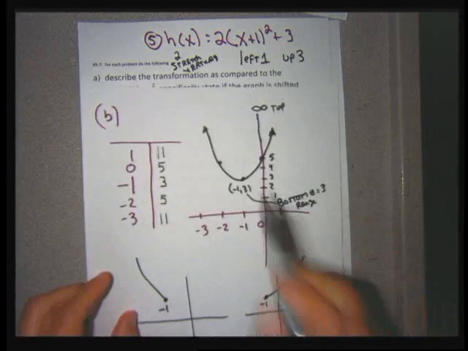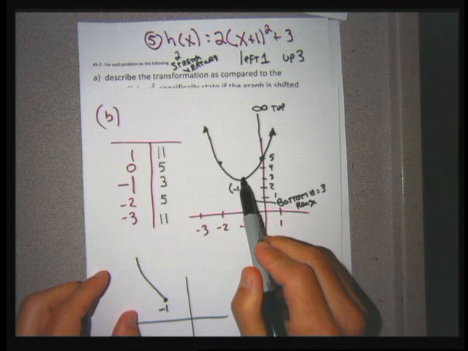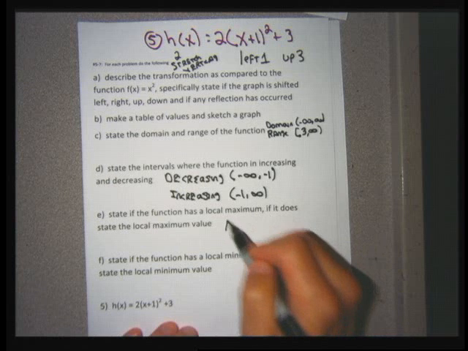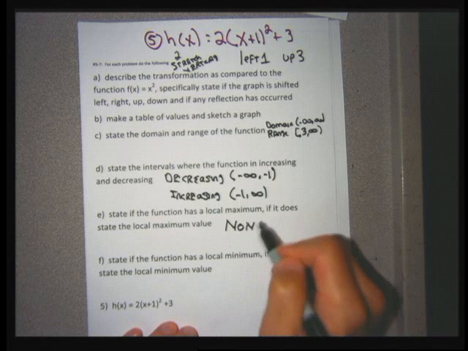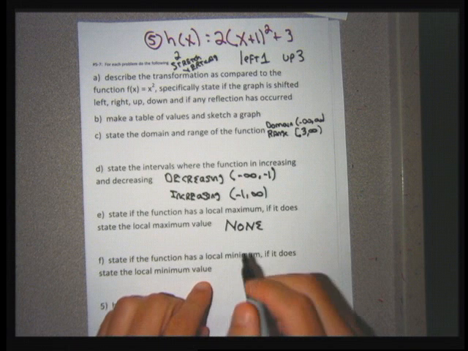The vertex is at the bottom, so the vertex is a minimum point. This graph doesn't have a maximum, so the answer to the next question, state if the graph has a local maximum, it doesn't have one, so I'm not going to say that it has one. It does have a local minimum.